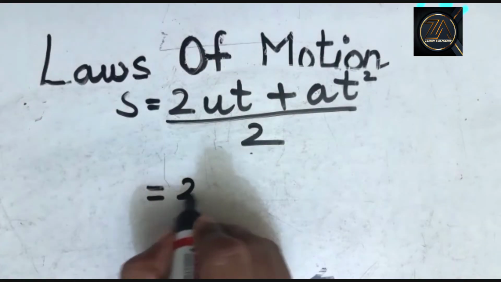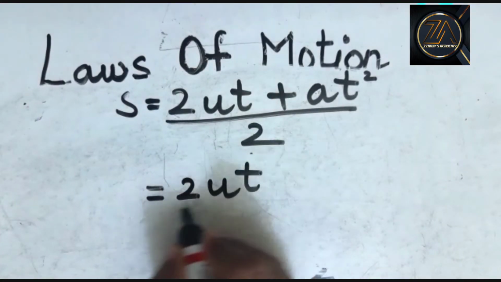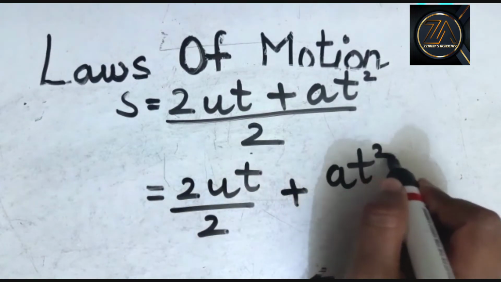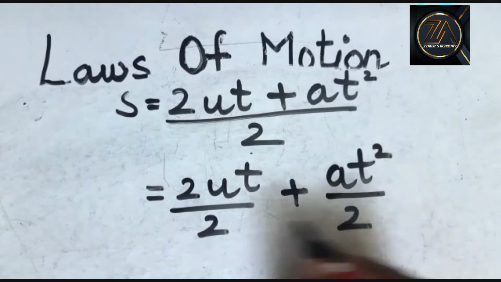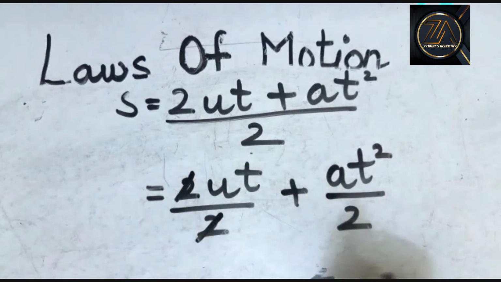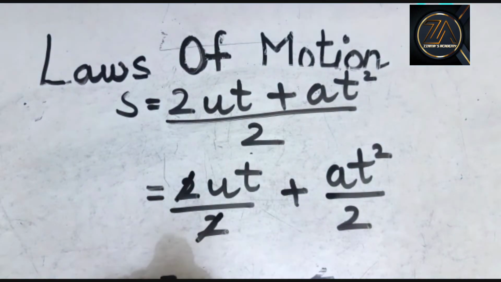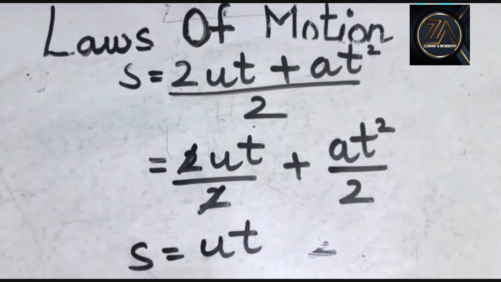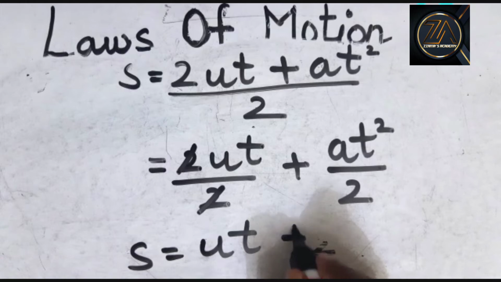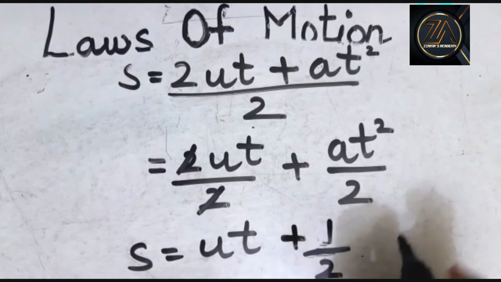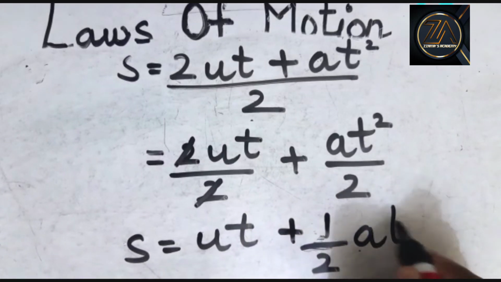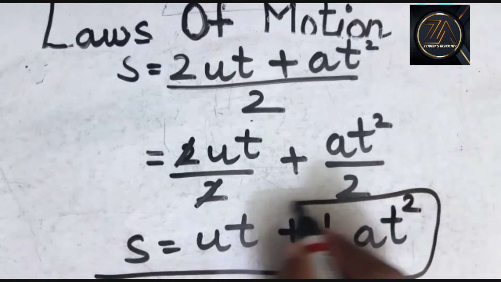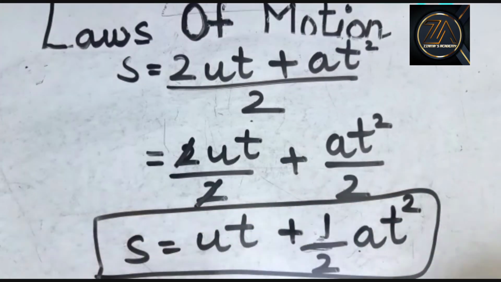So we can write it as 2ut upon 2 plus at squared upon 2. These two get cancelled, and we reach our second equation of motion, which says that displacement equals ut plus half at squared. Remember, this is our second equation of motion.